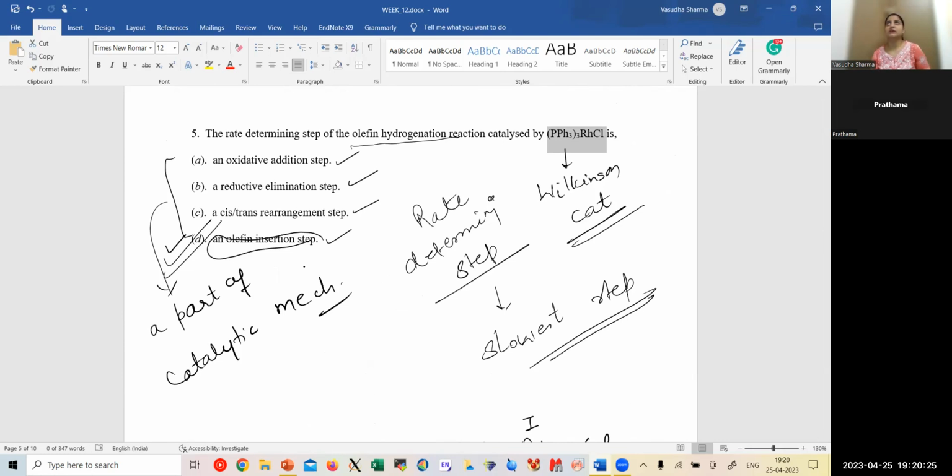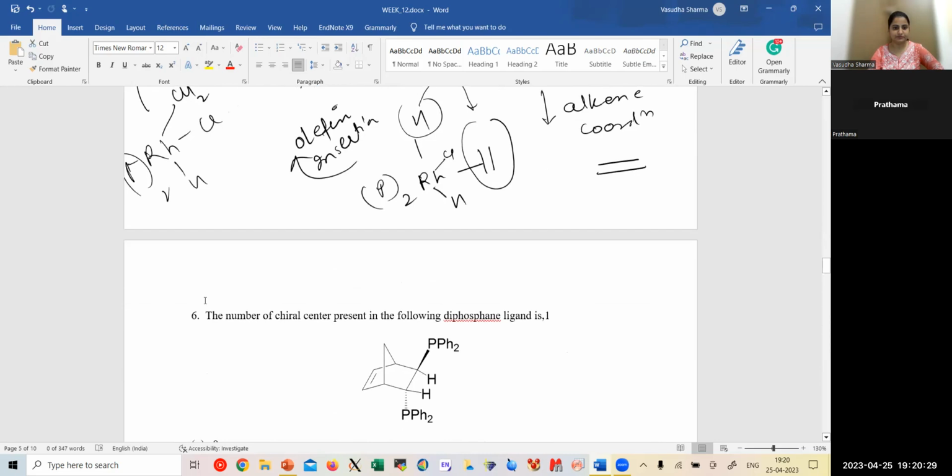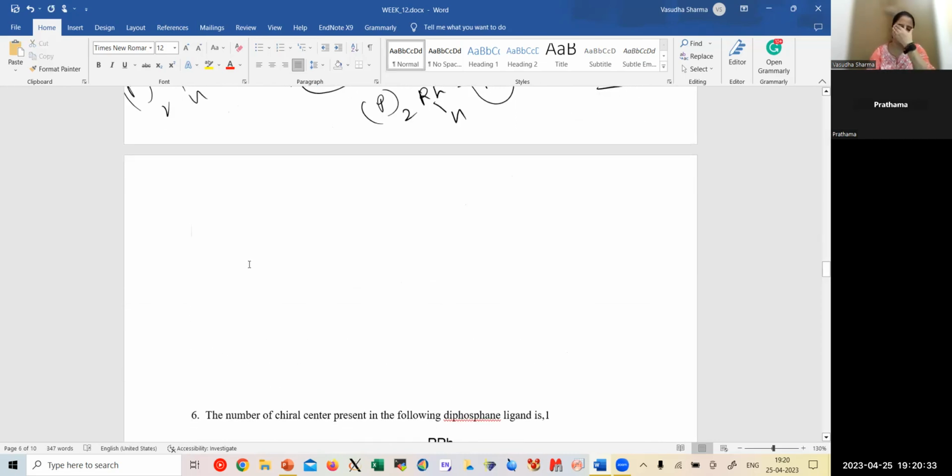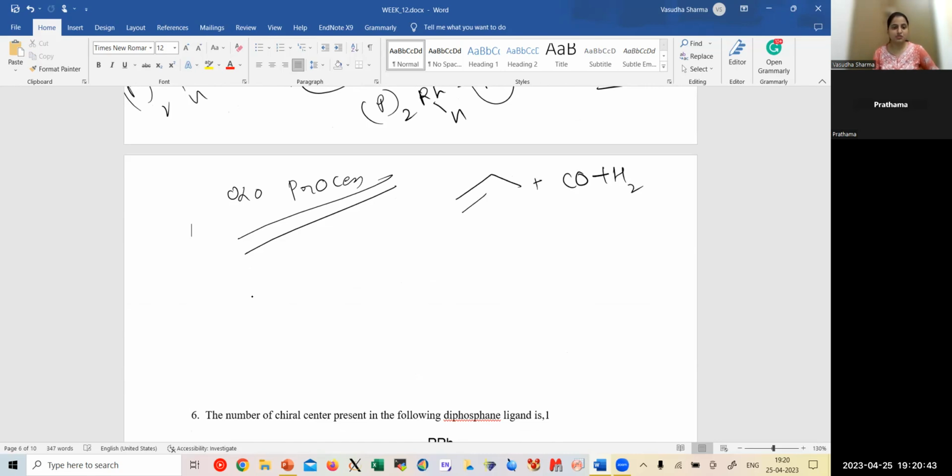But if I take a different catalyst, for example in the oxo process, the hydroformylation process, there also we are using alkene, but in presence of CO and H2. There H2 oxidative addition happens at the sixth step. That is not the first step. And there this becomes the rate determining step.